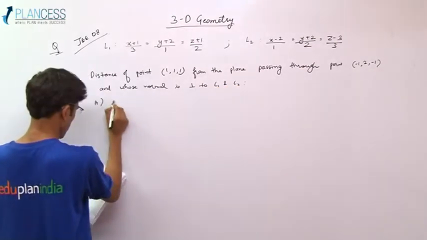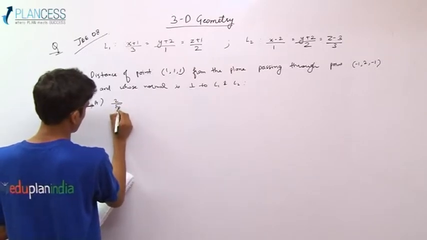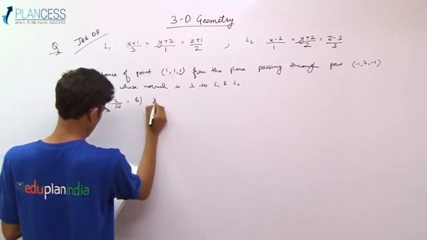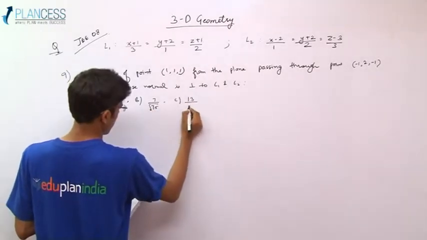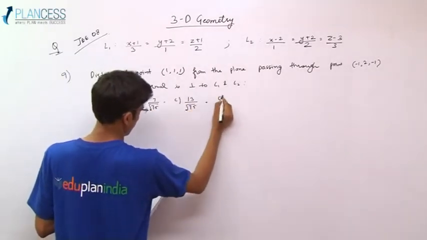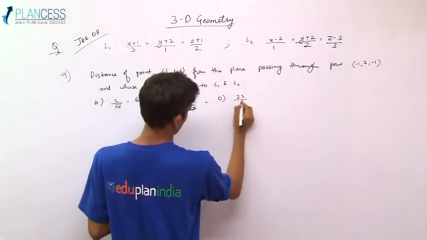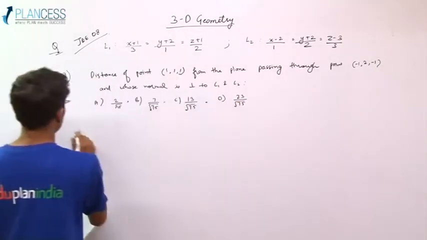The options are 2 by root 75, 7 by root 75, 13 by root 75, 23 by root 75.